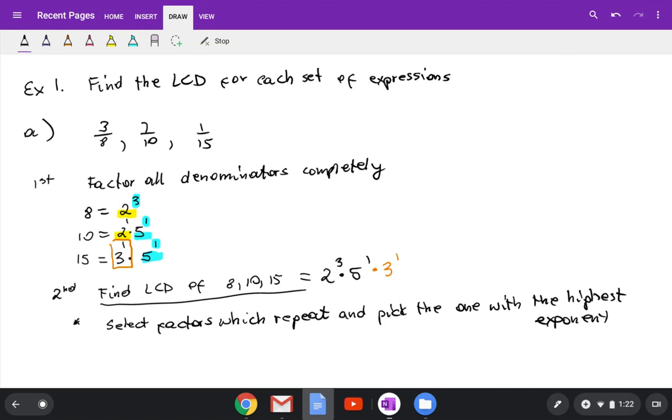Simplify that, and that will give you 8 times 15, which is 120. So 120 is the least common denominator of 8, 10, and 15. Or you can think about the least common divisor of 8, 10, 15. It definitely works. 120 divided by 8, 120 divided by 10, 120 divided by 15. And when you divide it, you get an integer.